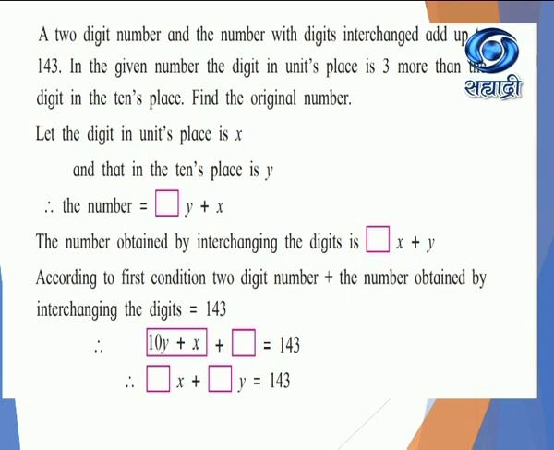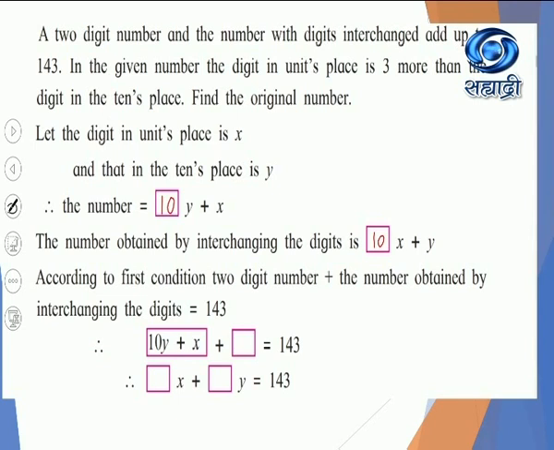Let the digit in units place be x and that in the tens place be y. So the number becomes 10y plus x. The number obtained by interchanging the digits becomes 10x plus y.